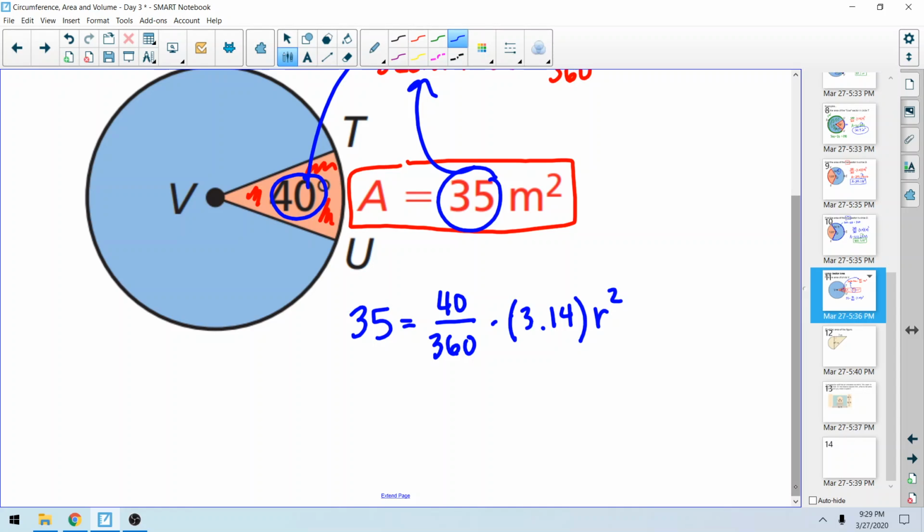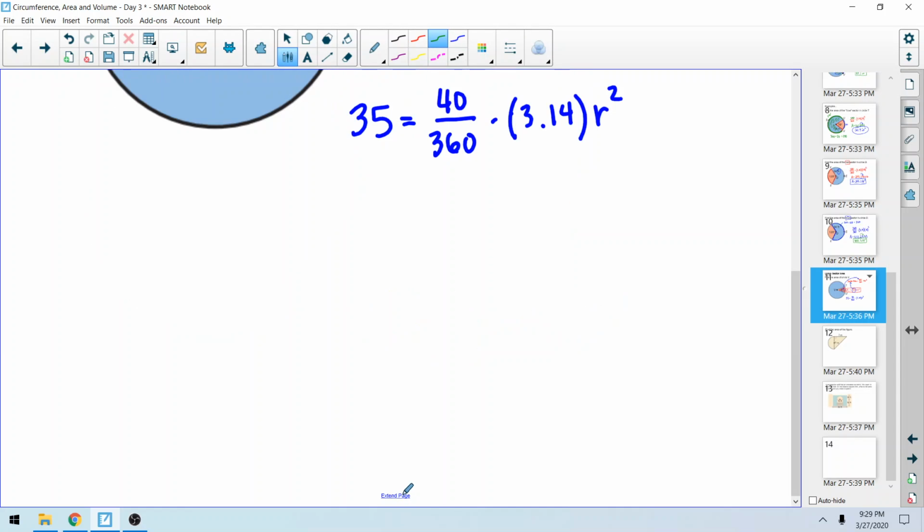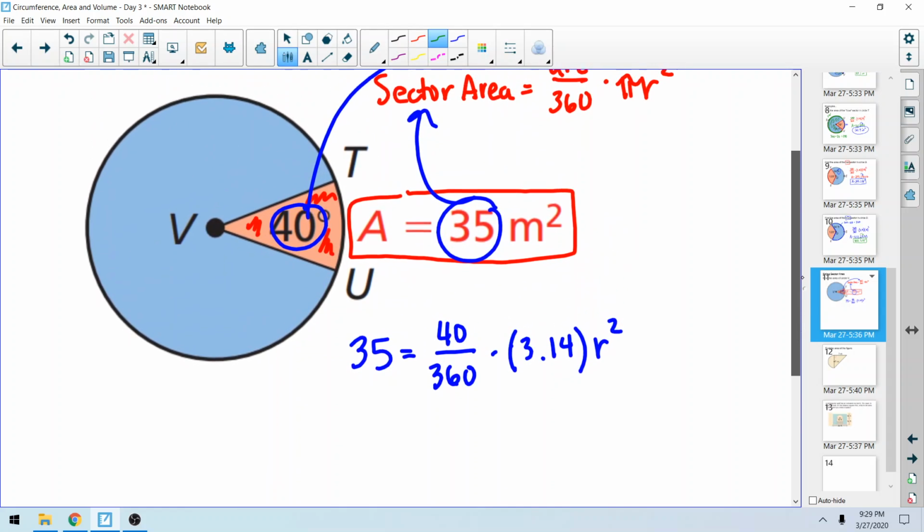Now, if we can solve that and figure out what the radius of the circle is, that would be really helpful. Because if I know the radius, then I could plug it into the area of a circle, which is just pi r squared, and that would give me my answer. I'm going to show you a different way to solve these.